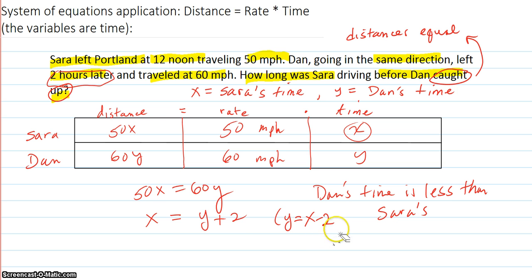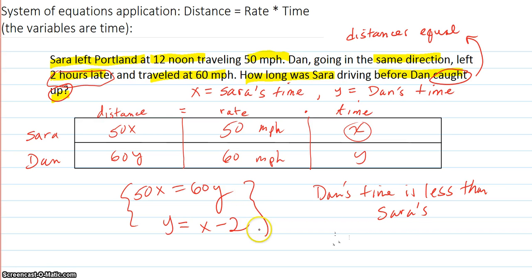And I think that's what I'm going to do. I'm going to go ahead and write it that way. Dan's time is 2 hours less than Sarah's time. We didn't really have to make that move, but it would work out either way. So there's a system. There's equation 1. There's equation 2.